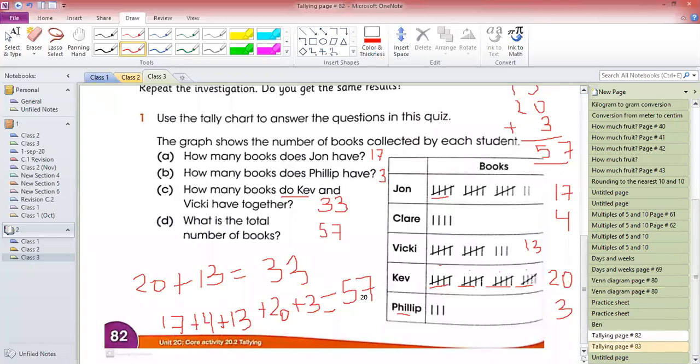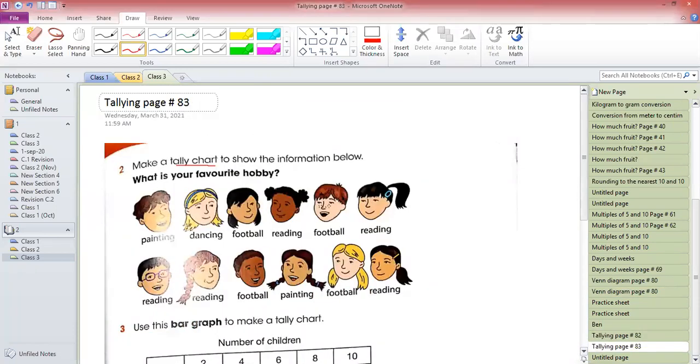But here you are given data about hobbies. Hobbies are different for boys, girls, different children. Someone likes painting, some like dancing, some like football, some like reading. You have to show that information in a tally chart.